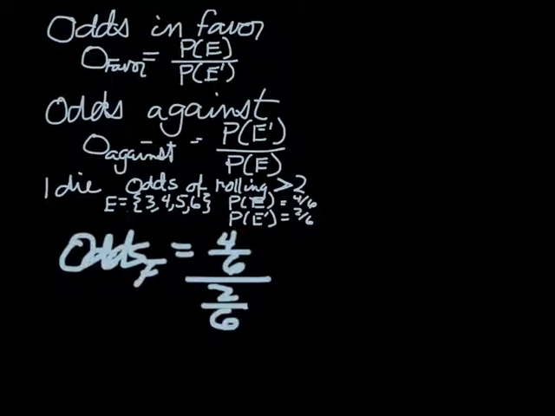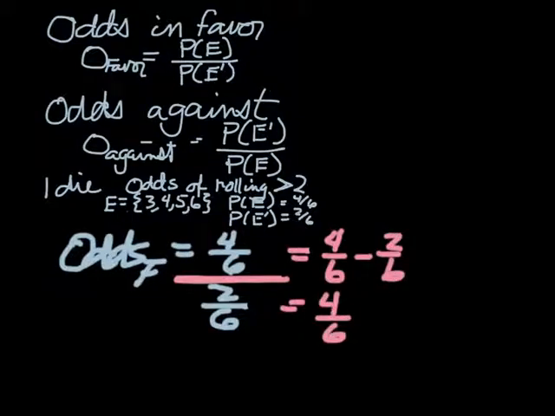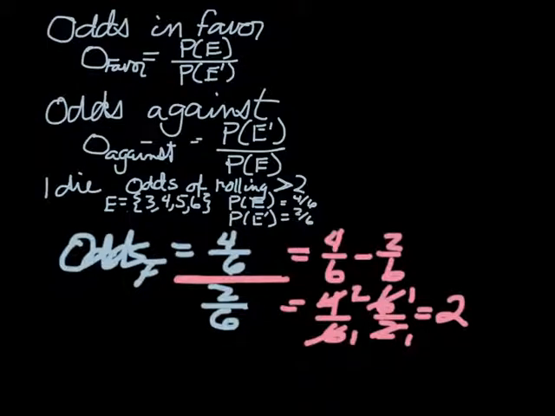Well, remember that this means divide, so you could write this as 4/6 divided by 2/6, which is 4/6 times 6 over 2, which is equal to, once you do all the multiplication and canceling, 2. And so you would say the odds of rolling greater than a 2 are actually 2 to 1.